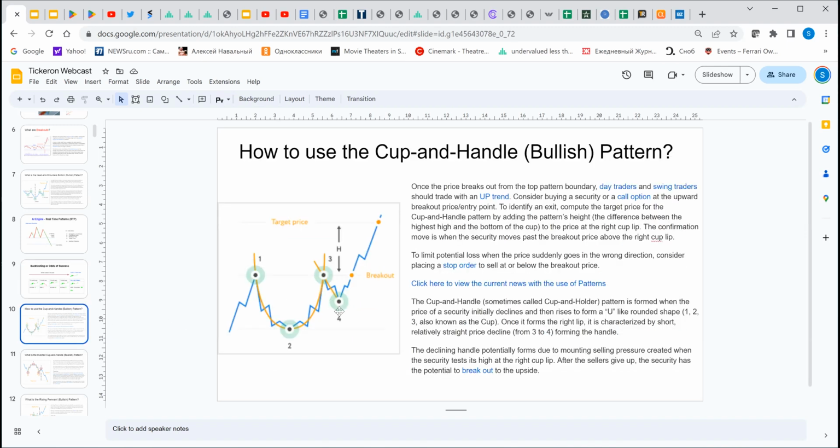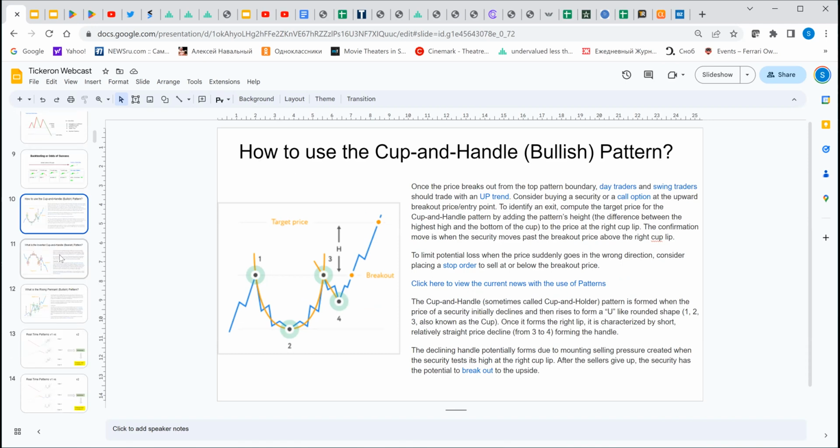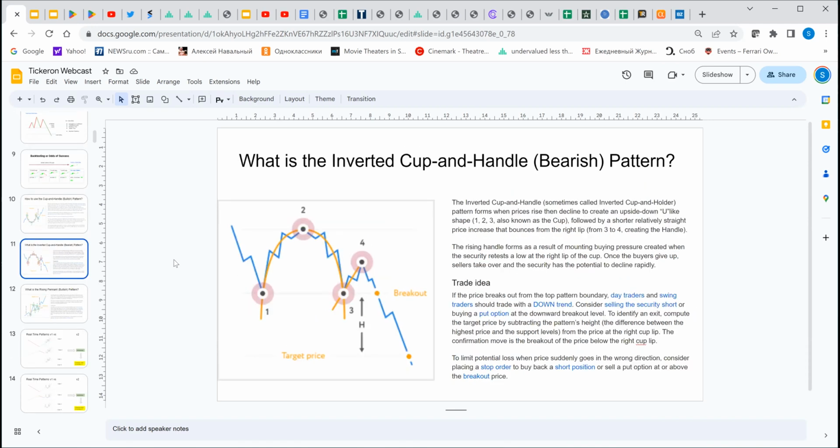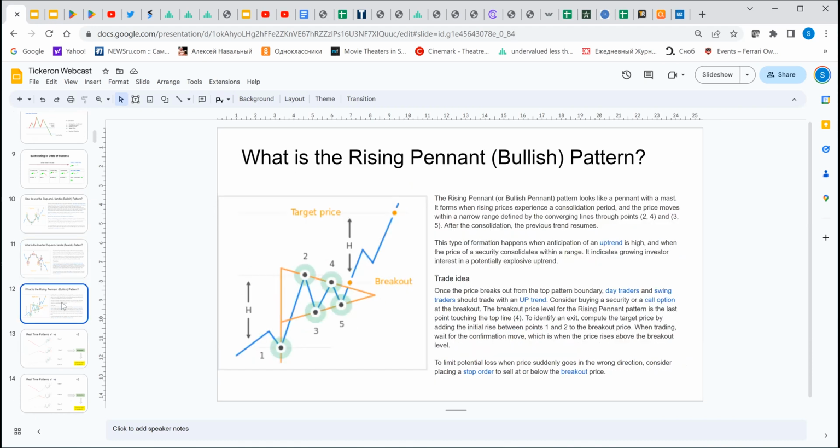The same thing goes for the cup and handle. I'm just giving you examples of very well-known patterns which can be found on different time frames. This is the inverted cup and handle pattern, and that's another one you can read about.